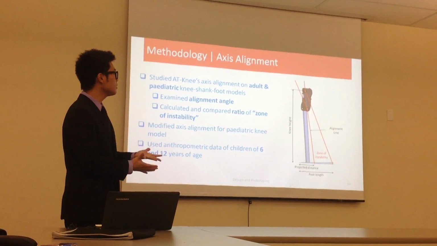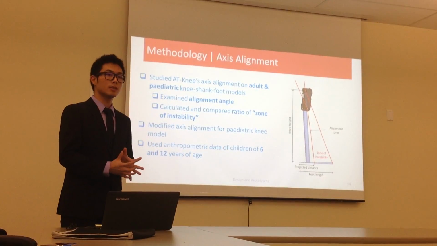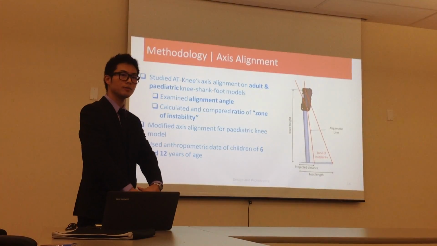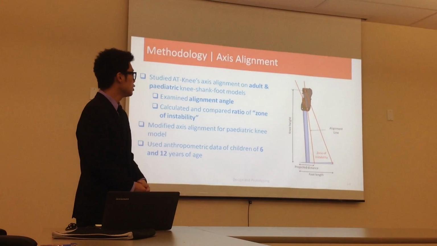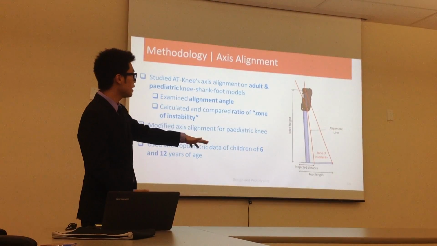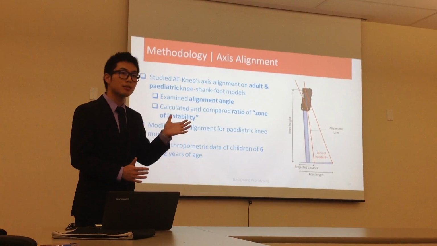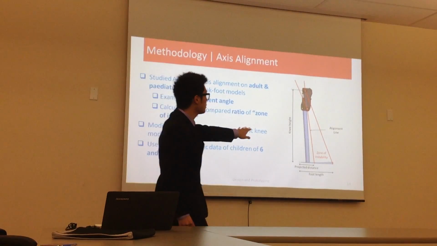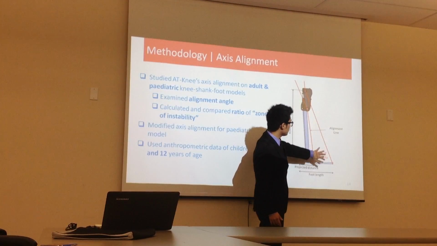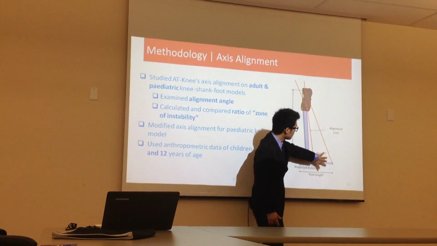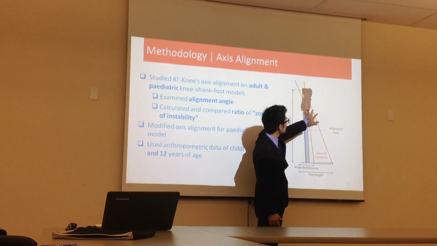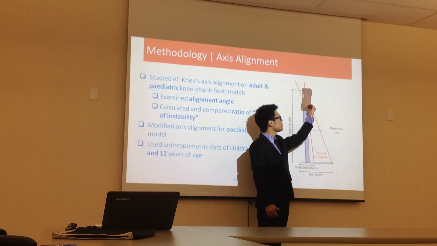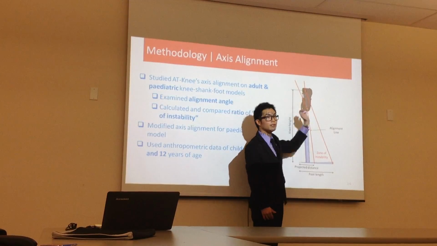How the ASPL mechanism works is based on the load line on the foot, the ground reaction force vector. So the zone of instability indicates that for any load line to pass through the zone of instability, which is in front of the control axis right here, it would go in front of the control axis, creating an extension moment. So that would allow the knee to get locked.